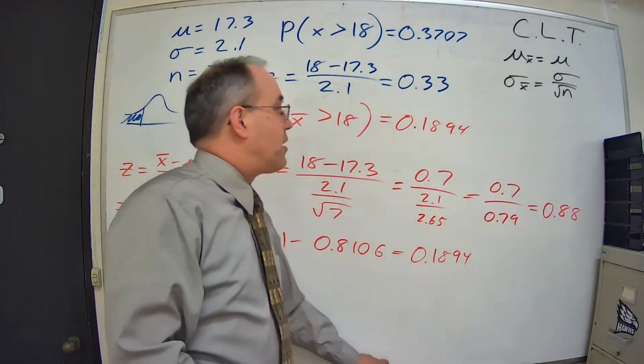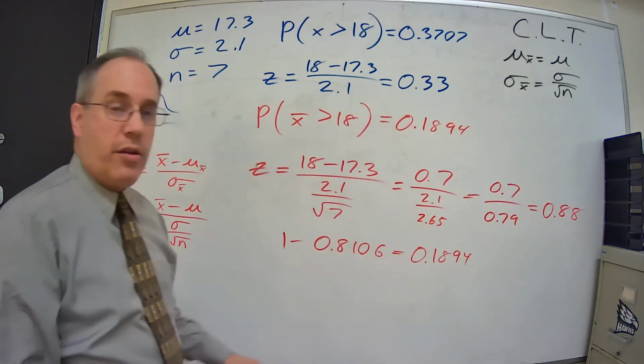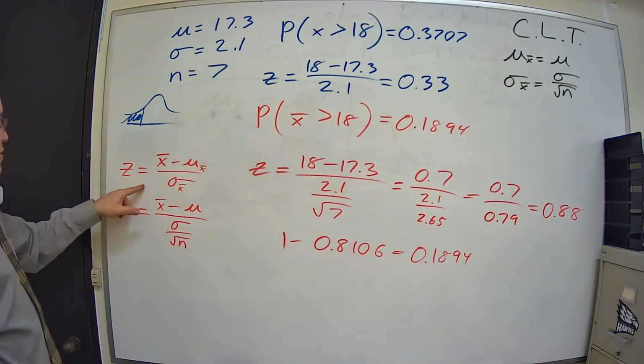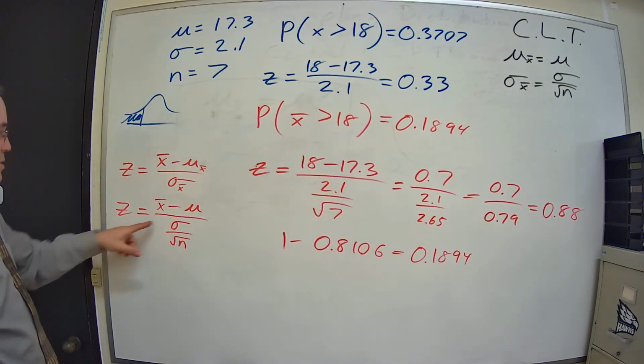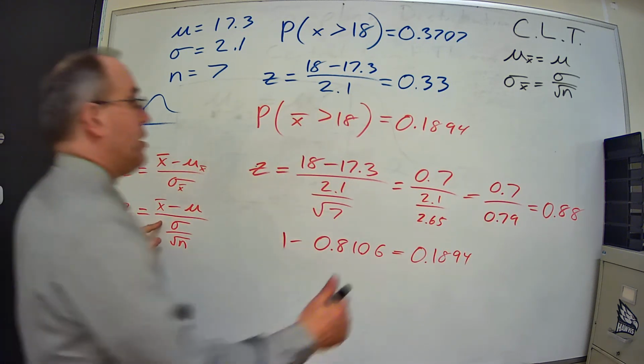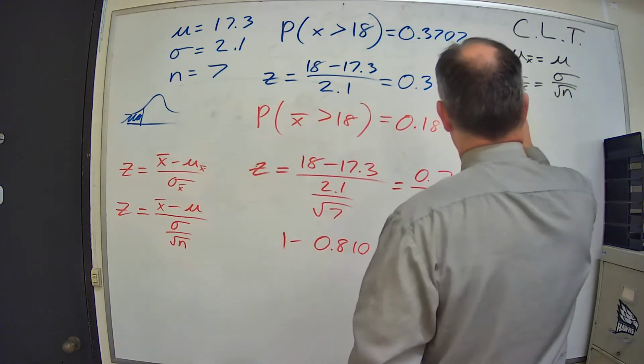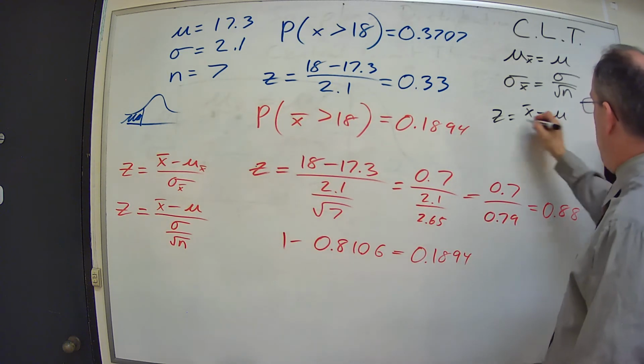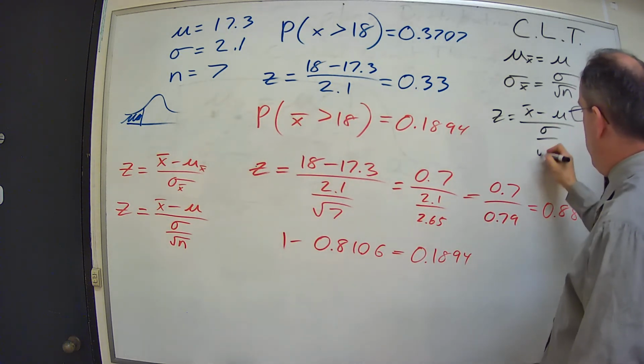Well, I'm going to add a couple more formulas over here because we have this z-score over here, and I'm going to write it down like this, plugging in the values. So I have z is equal to x bar minus mu over sigma over the square root of n.